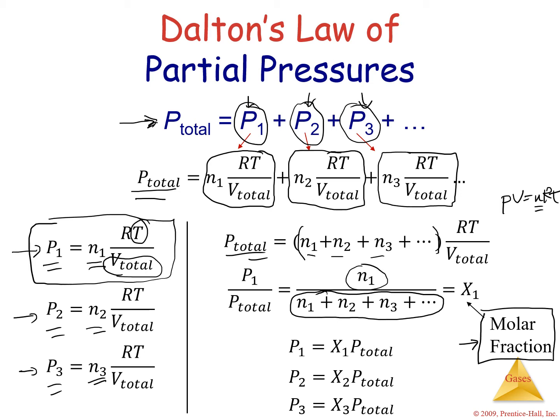This ratio is called the molar fraction, and formally you can see that this is equal to the ratio of the partial pressure of a compound to the total pressure.